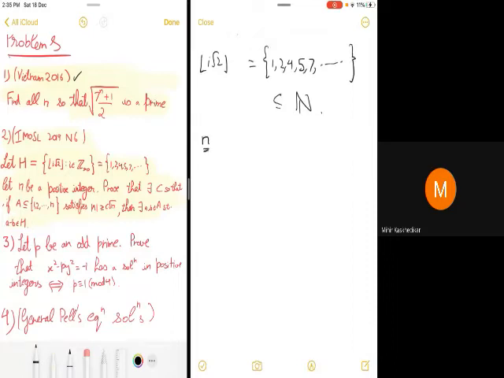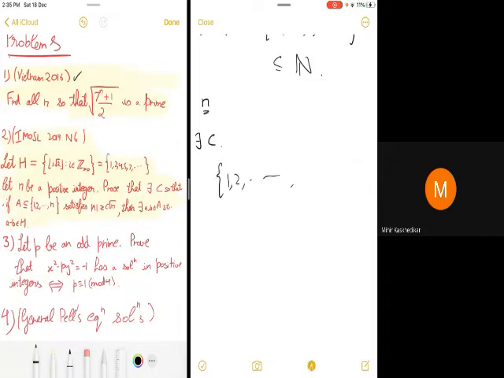Then prove that there exists a constant c such that, consider this set A. If we have that A has size more than c root n, like there exists a c for all n. Sorry, I should have mentioned that.